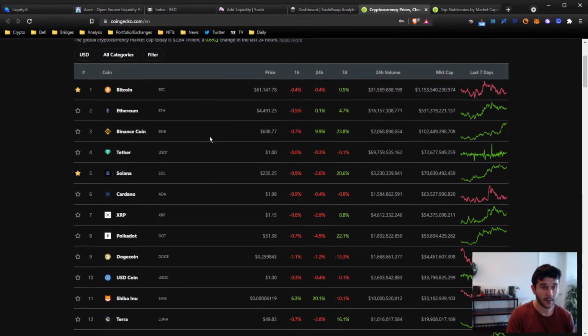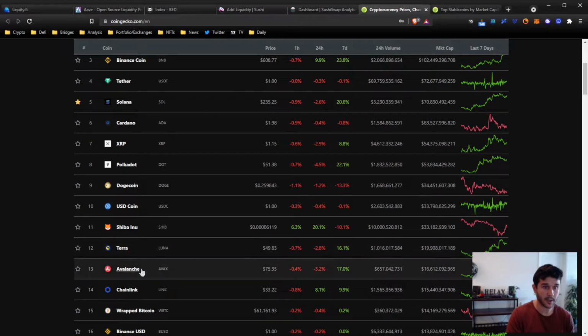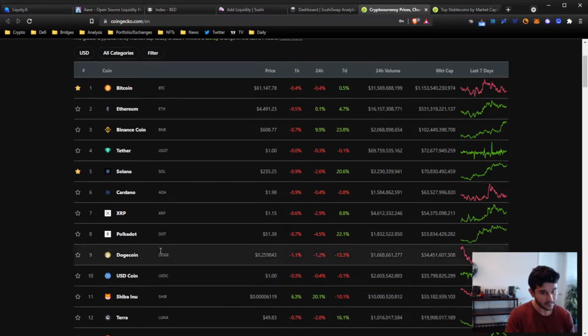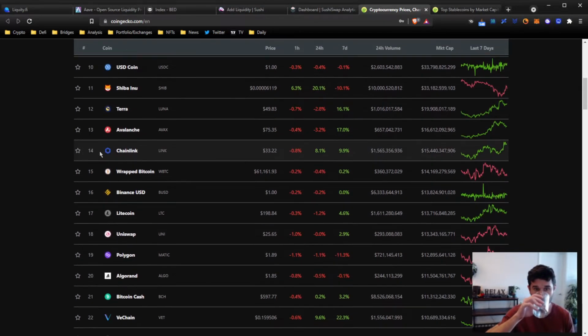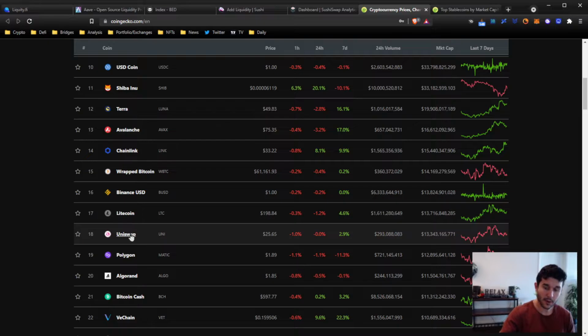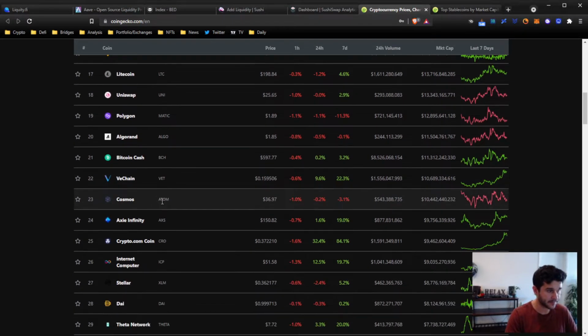This is the top 100 coins by market cap on CoinGecko, and you can just see many of them are in fact layer ones. Ethereum is a layer one, Solana, Cardano, Polkadot, Terra, Avalanche, a lot of them. The ones that are not layer ones are mostly apps that are just built on top of them.